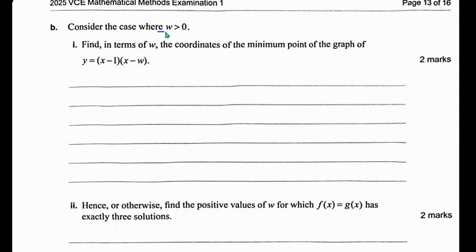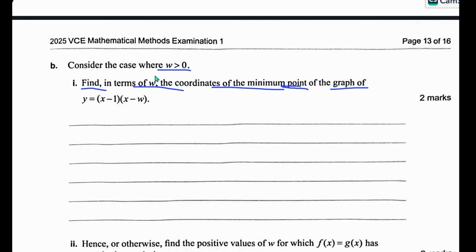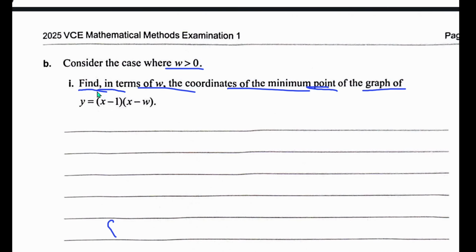Find in terms of w the coordinates of the minimum point of the graph of this, and w is greater than 0. So that means this right here is a parabola. And what do we know about parabolas?